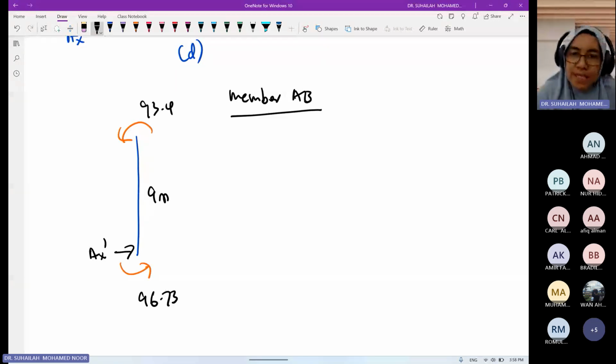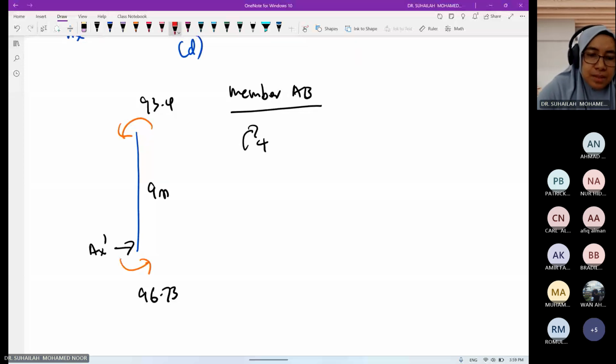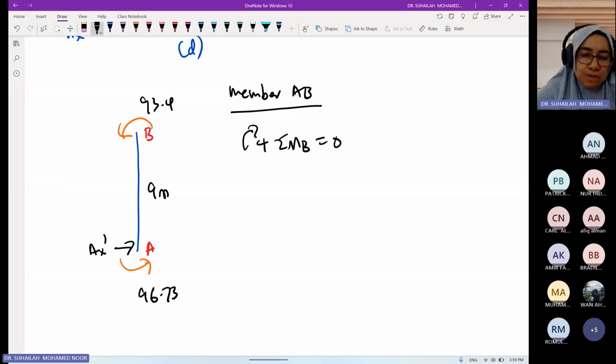So from this member, can we calculate AX? This is B, this is A. Can we calculate AX? This is total moment at B is equal to 0. So it is negative 93.4, negative 96.73.